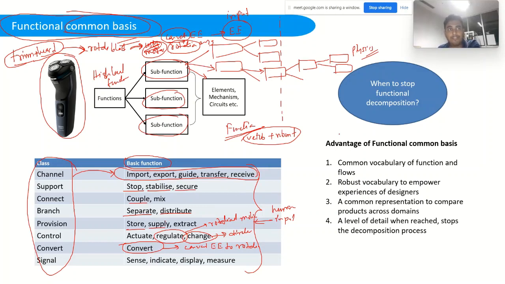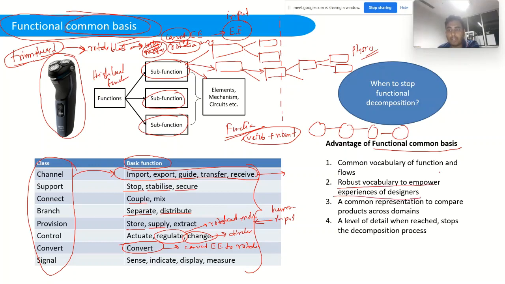The advantage of using functional common basis is that this vocabulary for defining functions is common to various disciplines. And again, it's a robust way in which one can understand a particular function. Someone might have a different vocabulary.